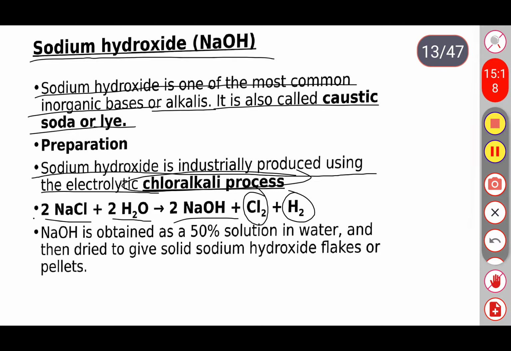It means sodium hydroxide is obtained as a 50% solution in water and then dried to give solid sodium hydroxide flakes or pellets. So see the process of the preparation of sodium hydroxide.